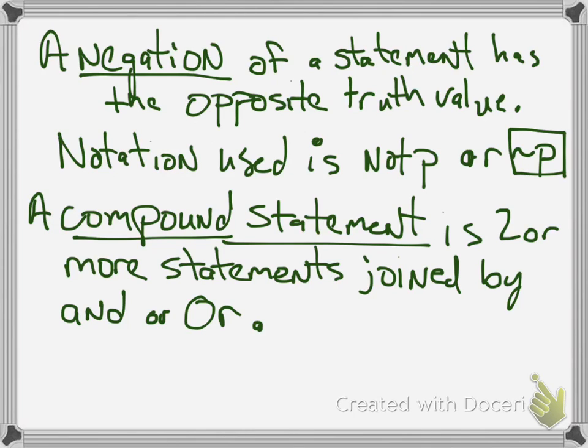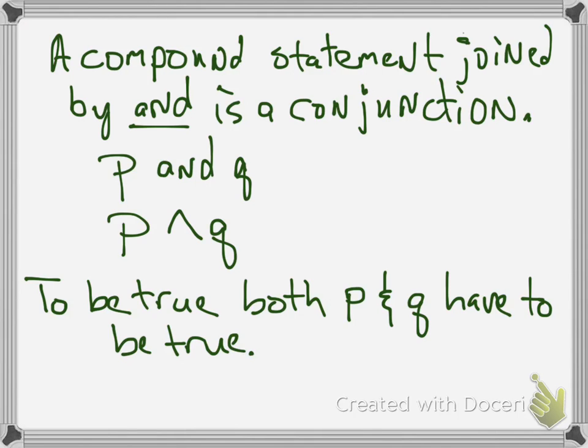A compound statement is two or more statements joined by and, or. Okie dokie. So a compound statement joined by and is called a conjunction.